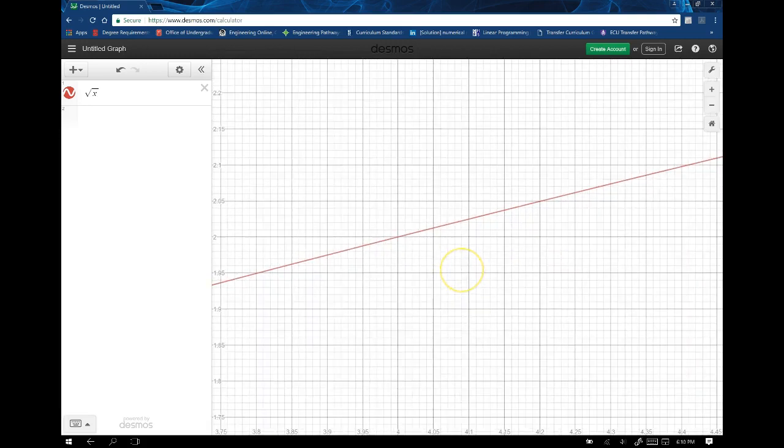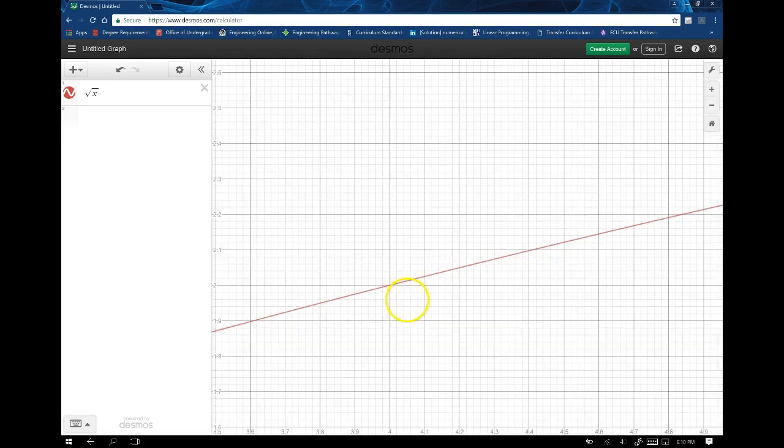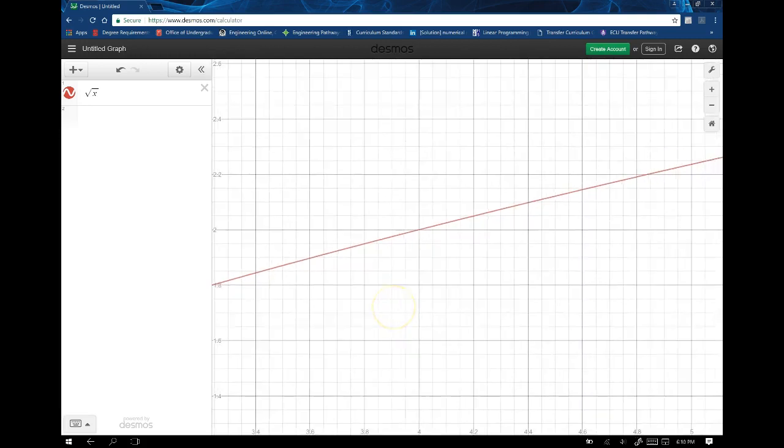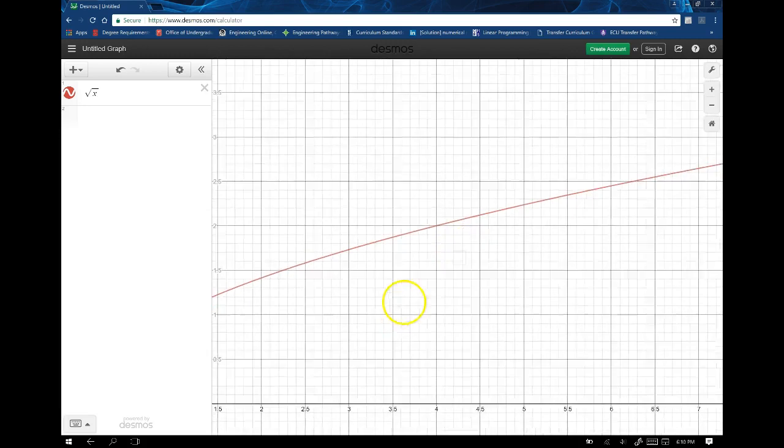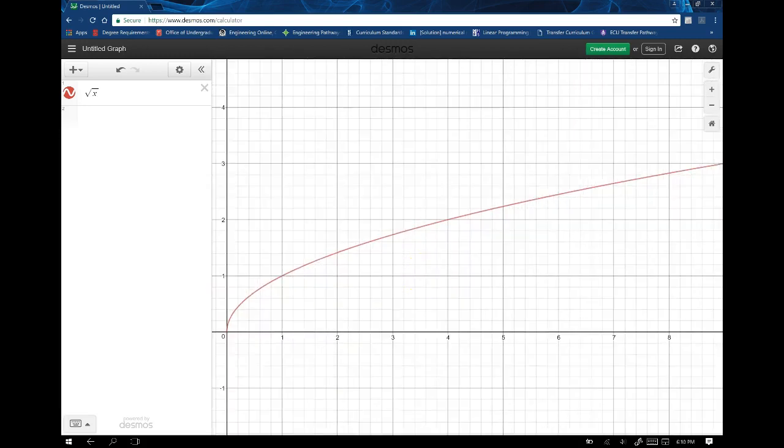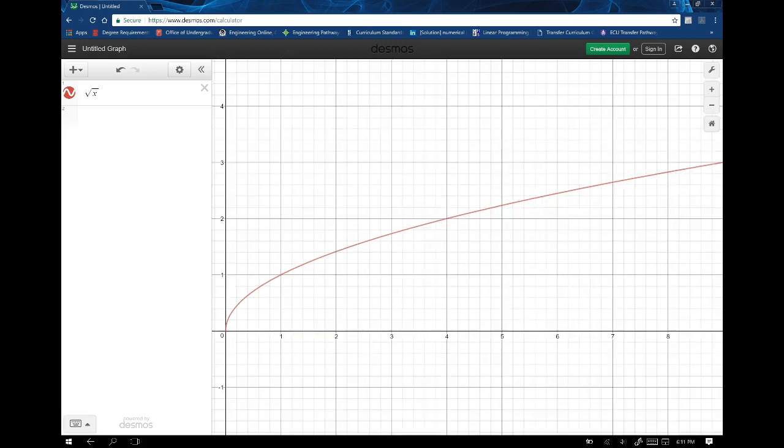Now if you zoom out, we can tell it's a curve. But the idea with linear approximations is when you zoom in and you get really close to 4, it doesn't look so much like a curve anymore. It looks more like a straight line. So with linear approximations, you want to stay pretty close to the point that you're identifying. We're always going to identify a particular point to work with.